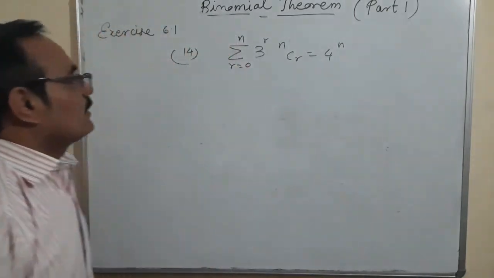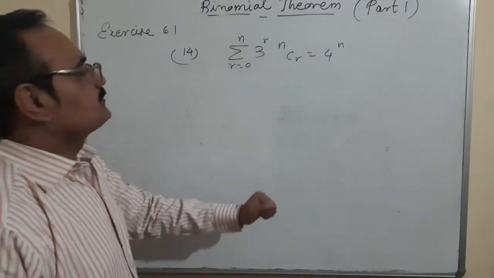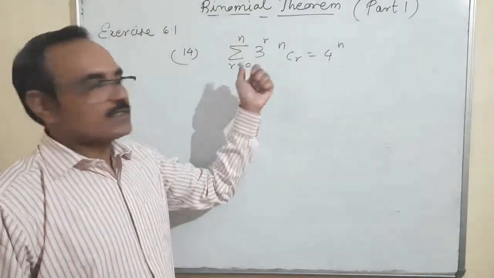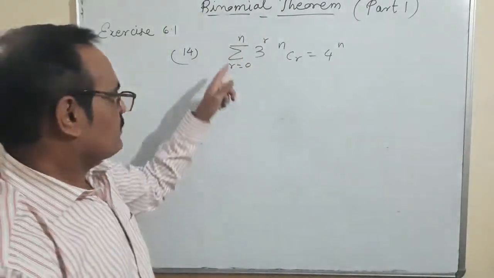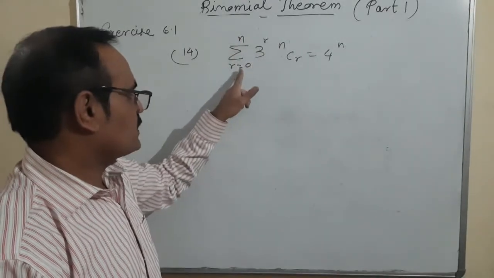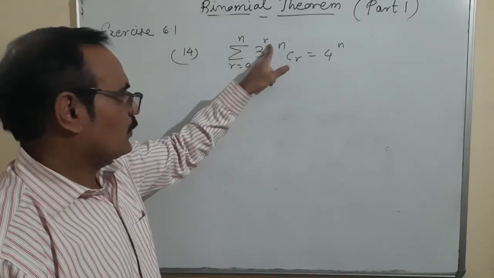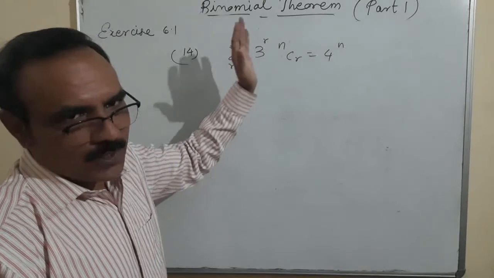We understand the meaning of this term. Summation means sum of the terms. It is known as sigma, but in mathematics we can use the term sum. Summation r = 0 to n means in place of r we start from 0: 0, 1, 2, 3 and up to n.